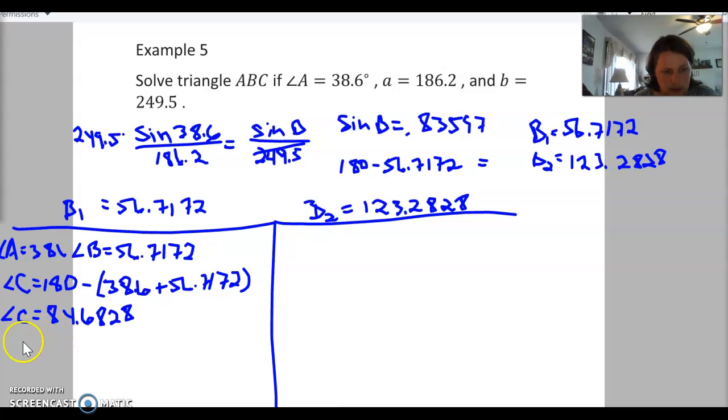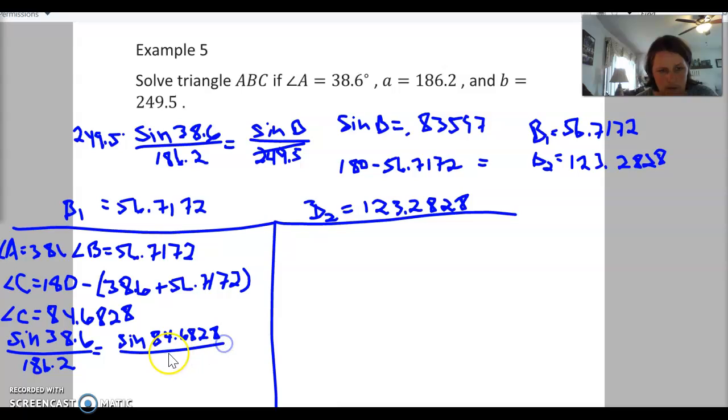Then we need to find side C. So we're going to take the sine of 38.6 divided by the side of A, which is 186.2, equals the sine of angle C, which we just found to be 84.6828, all over side C, which we don't know yet.